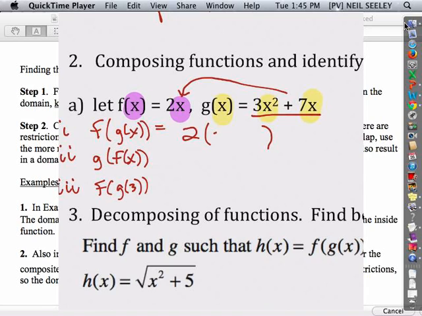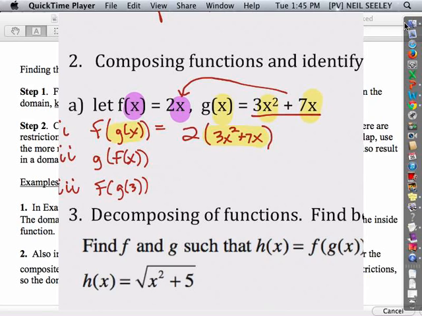So I put 3x squared plus 7x in there, because I shoved g of x inside f of x.